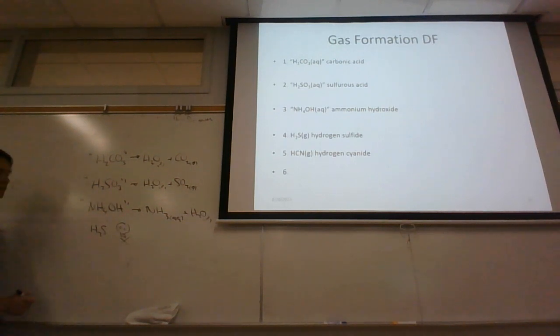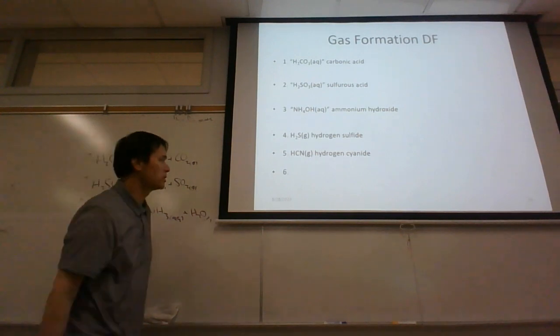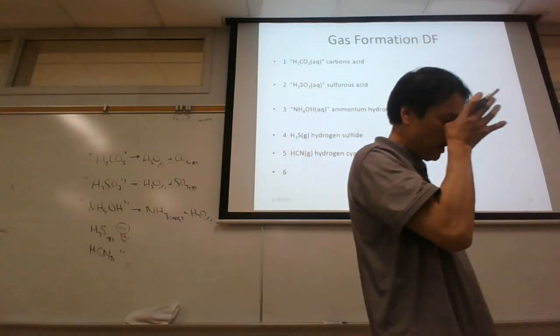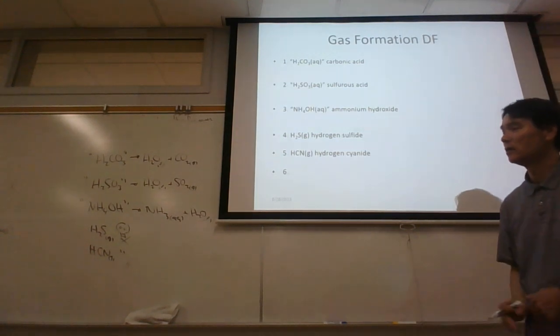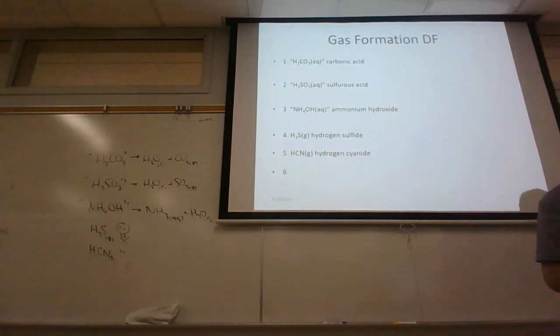It's a gas. We don't want to mix hydrogen ions with cyanide ions. That produces hydrogen cyanide, which is a very toxic gas. Etc. So we look for ion combinations that might produce gas. Like these.